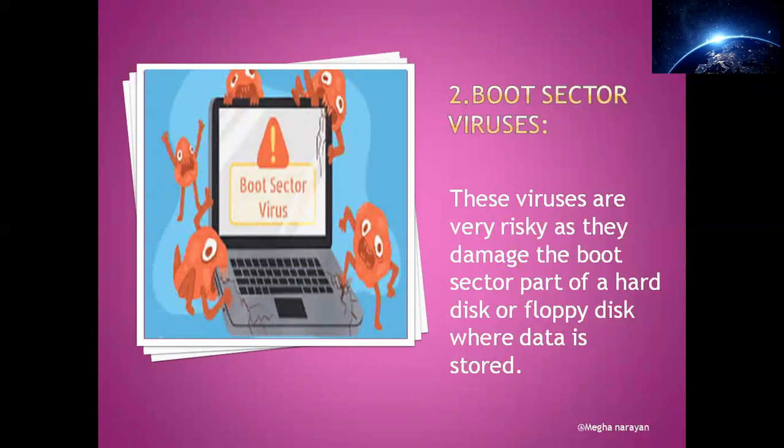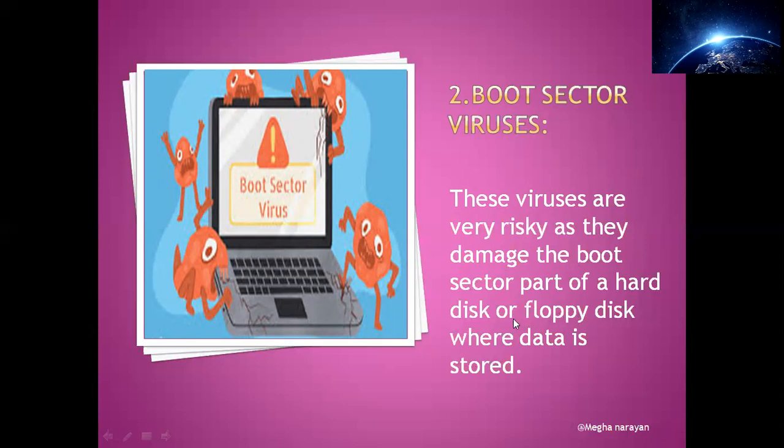And this is the second type of virus, the boot sector virus. These viruses are very risky as they damage the boot sector part of the hard disk or floppy disk where the data is stored. Once a boot sector virus is installed into your system, it will directly attack the boot sector part or the boot files of the hard disk or computer disk.